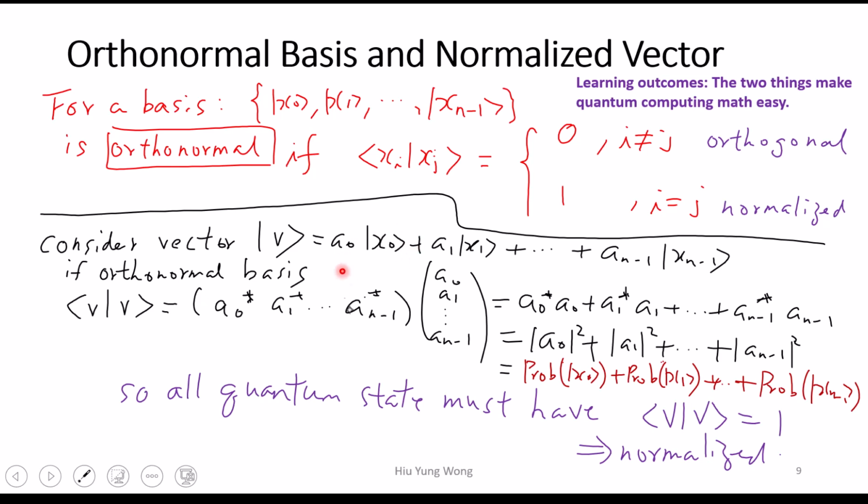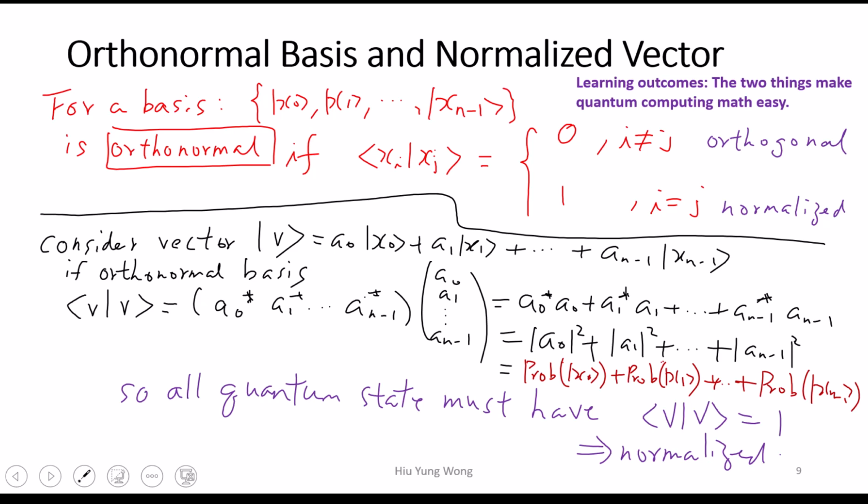And for quantum computing or quantum mechanics, any state needs to be normalized, meaning that its length needs to be 1. Okay, so in that case, the basis is just a special case of this. This is a general vector. This one you need to memorize, don't lose it.